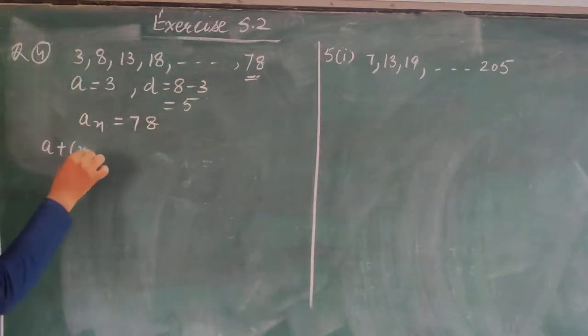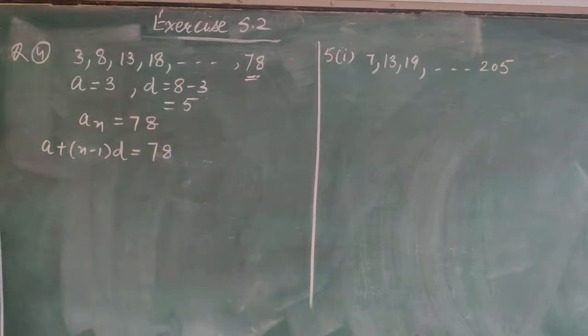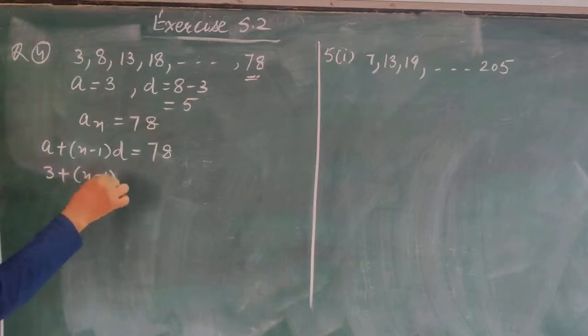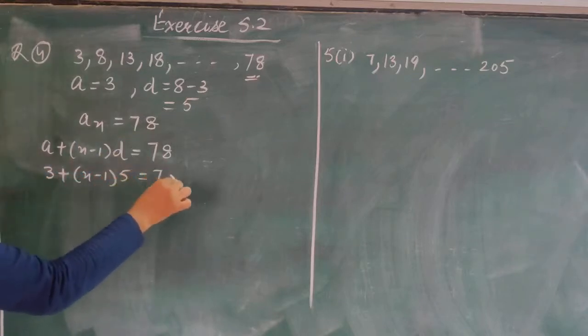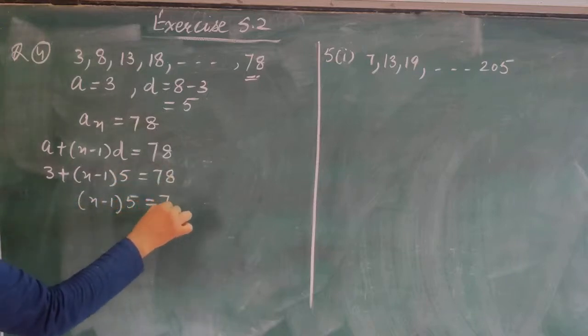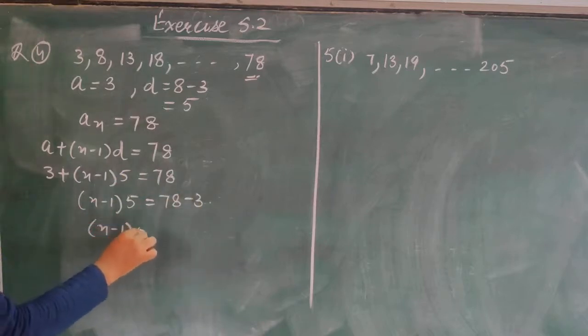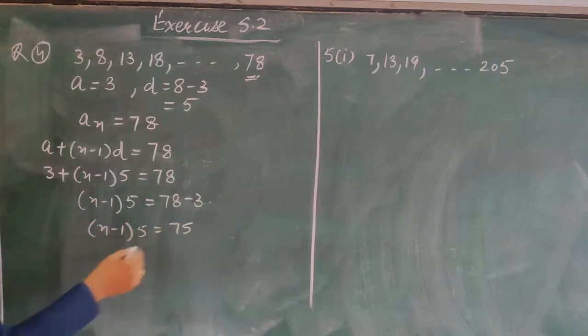A plus n minus 1 into D is equal to 78. A is 3, and we don't know n. D is 5, is equal to 78. N minus 1 into 5 is equal to 78 minus 3. N minus 1 into 5 is equal to 75.